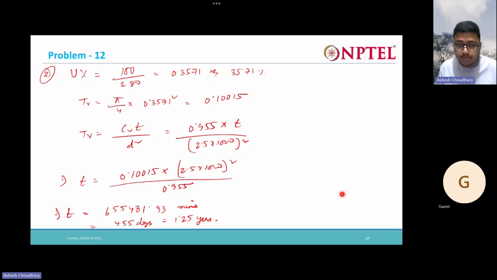Read the textbooks properly; reading the textbooks is very much necessary. Solve the problems, and this will help you get a better hold of the concepts. The more problems you solve, the better the concepts will become clear to you.